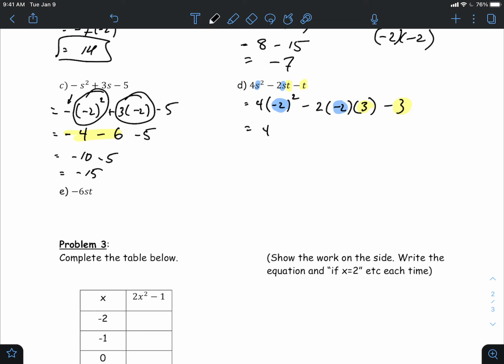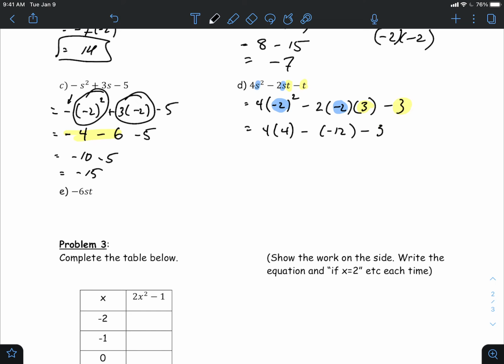We're not touching the 4 yet, because we're dealing with the exponent. So 4 times negative 2 squared will be 4 times 4. Take away, well, we could do some work over here if you want, 2 times negative 2 times 3. Negative 4 times 3 would be negative 12.